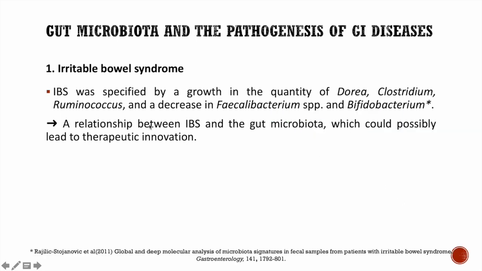Following the study, IBS was specified by a growth in the quantity of Dorea, Clostridium, and Ruminococcus, as well as a remarkable lowering in Faecalibacterium and Bifidobacterium. High-throughput screening research suggested that a relationship between IBS and the gut microbiota may exist, which could possibly lead to therapeutic innovation.